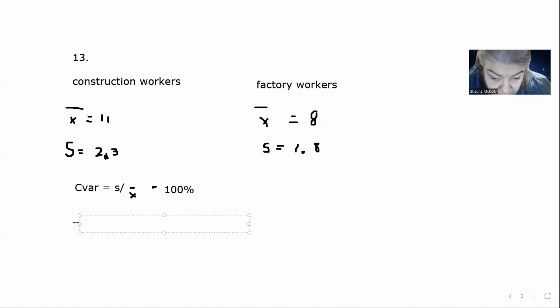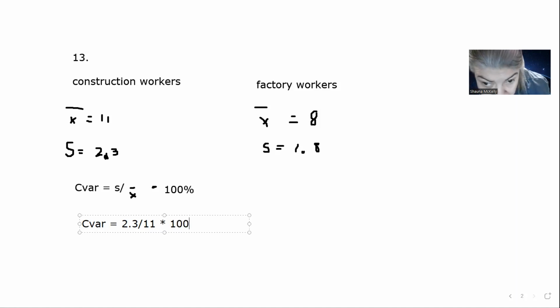Now let's do this for each one of these. C var for the construction workers will be 2.3 divided by 11 times 100%. Let me write it as the dot, that'll probably be better.